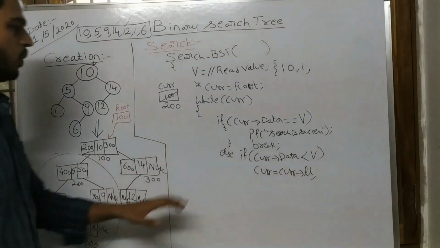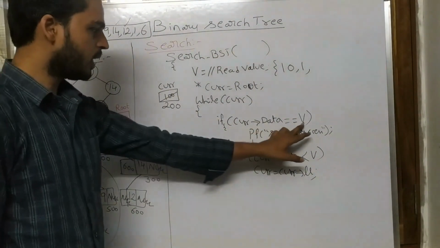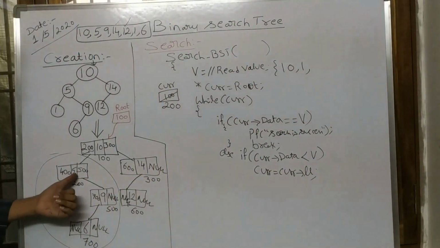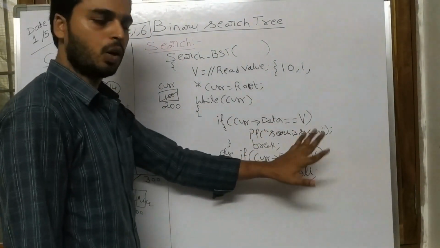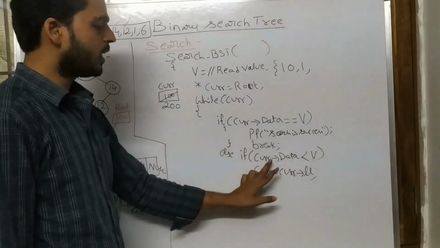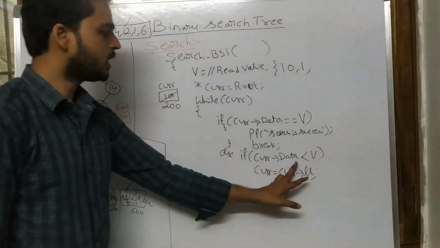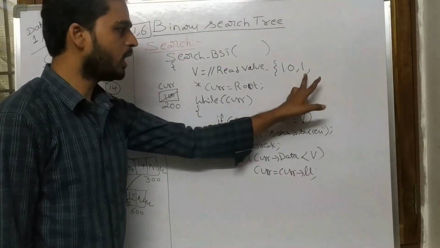200. So once again it is going to execute. While 200 is a positive value, 200->data is 5. Is 5 double equal to 1? No, meaning the search is not successful. So it is going to execute once again. If current->data, what is current->data? 200->data is 5. Is 5 less than 1?